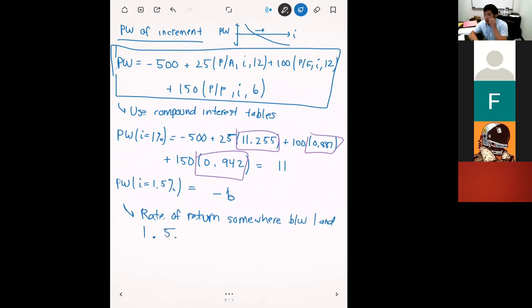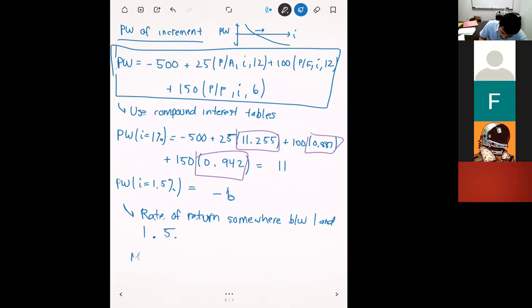Of course, at this point we can use interpolation to find the exact rate of return. In this case, I think it'll be closer to 1.5, just because -6 is closer to 0 than 11.